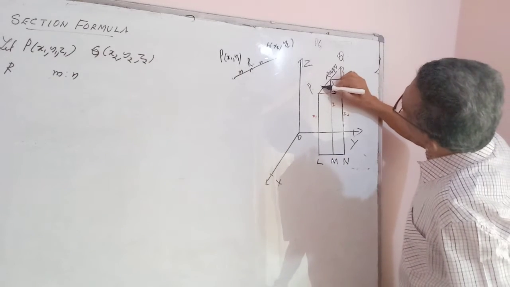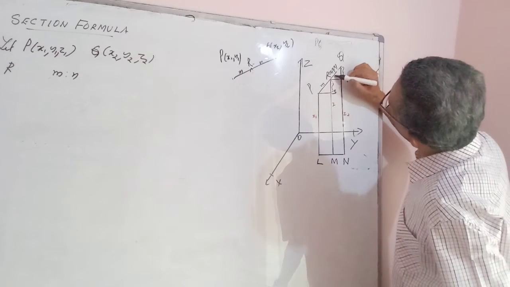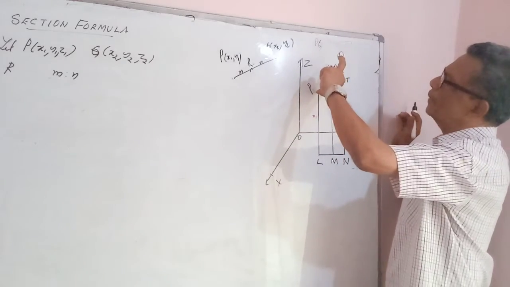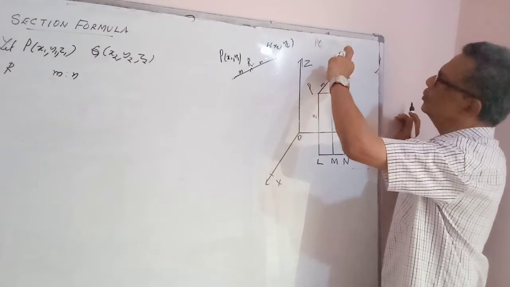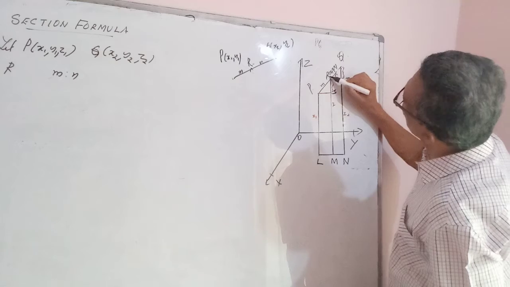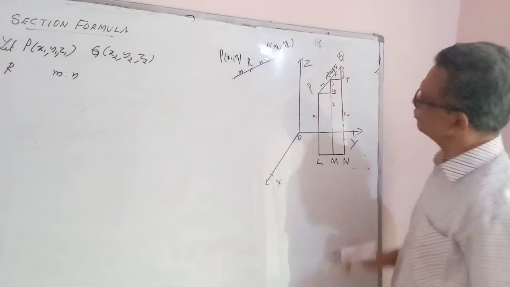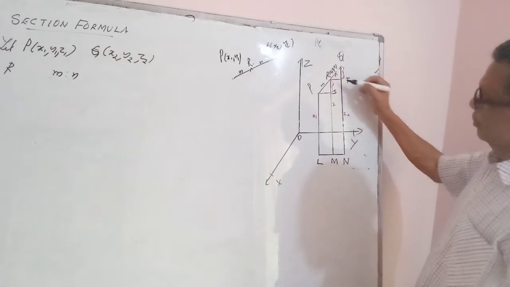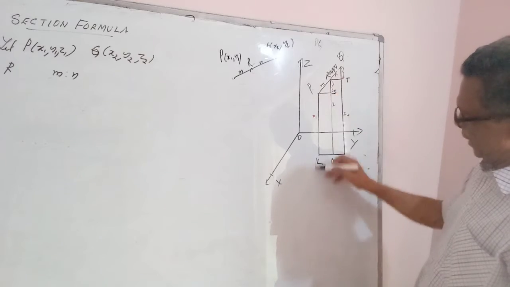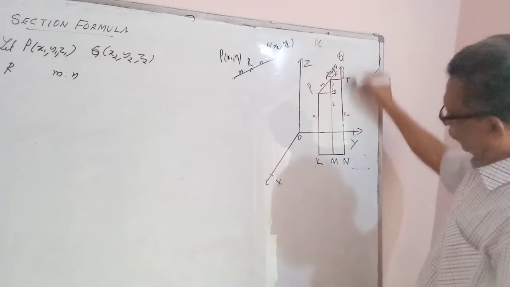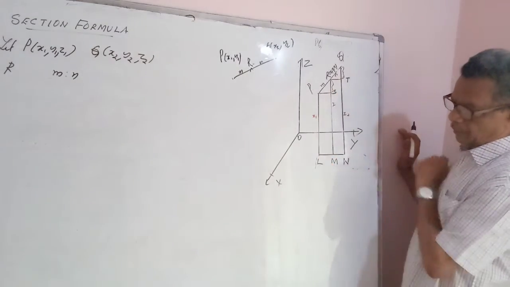It divides PQ internally in the ratio m is to n. If PR is m and RQ is n, then find the coordinates of R. So, draw PL, RM, QN perpendicular to the XY plane.